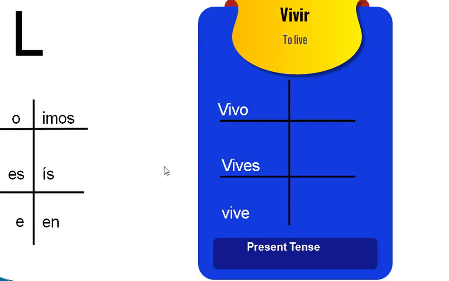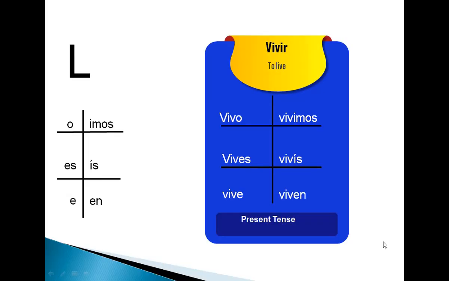Él, ella, usted, he lives, she lives, you live, vive. Nosotros, we live, vivimos. Vosotros, you all live, vivís. There's an accent over here, so that means we need to give a little stress: vivís. Ustedes, viven.